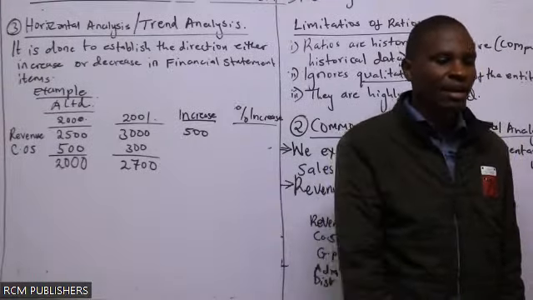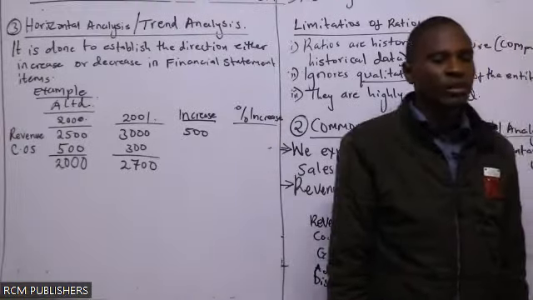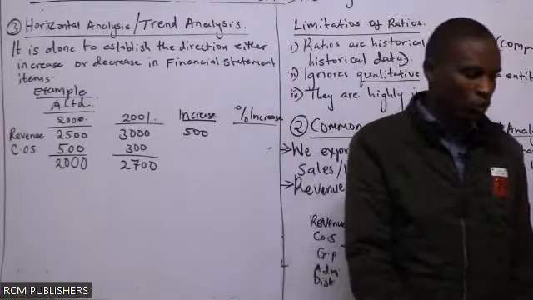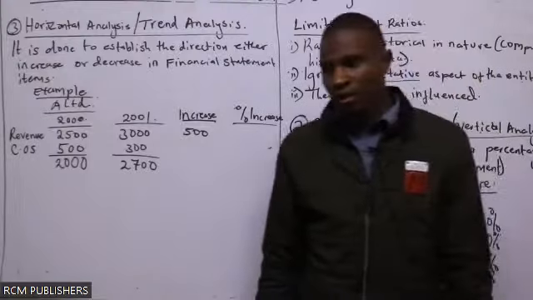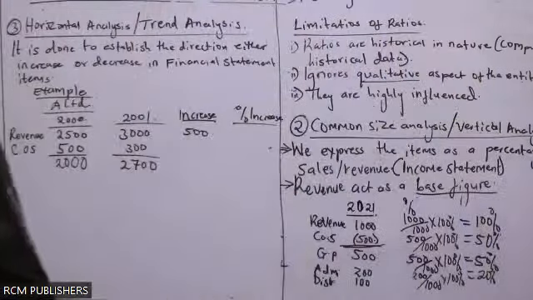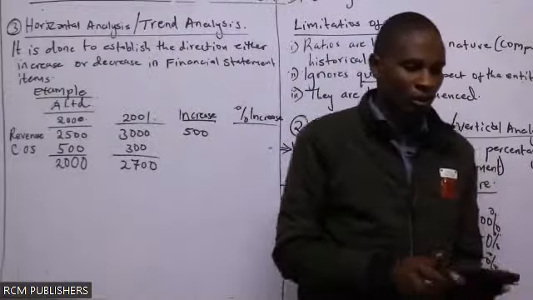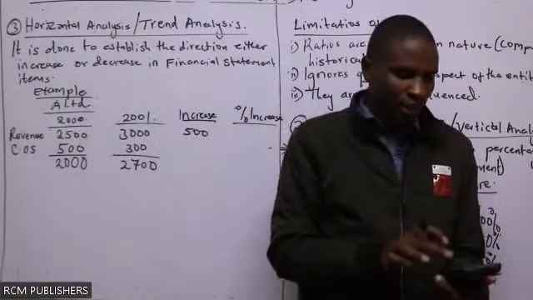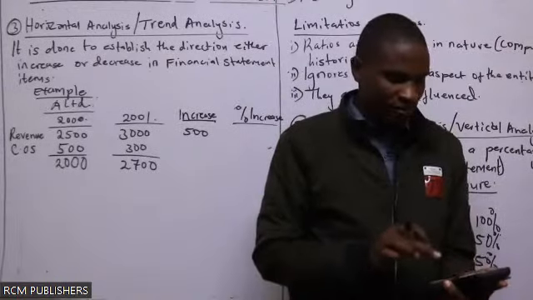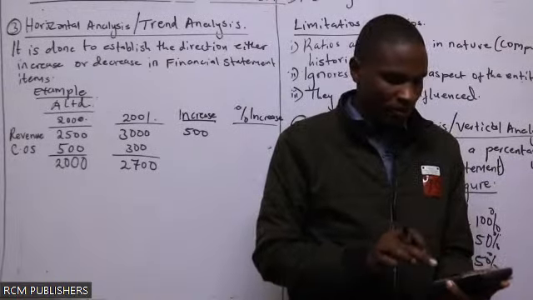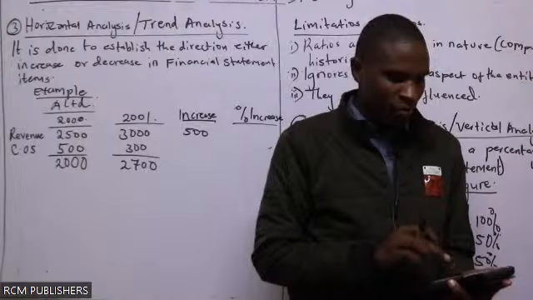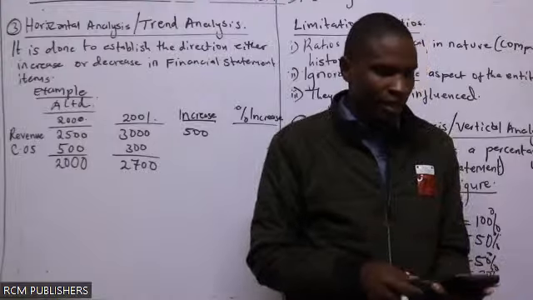Now, I can see Grace is giving us 20%. Is there someone else to confirm this? Of course, still giving me the same. This is 500 divided by 2,500, and then I multiply this by 100.